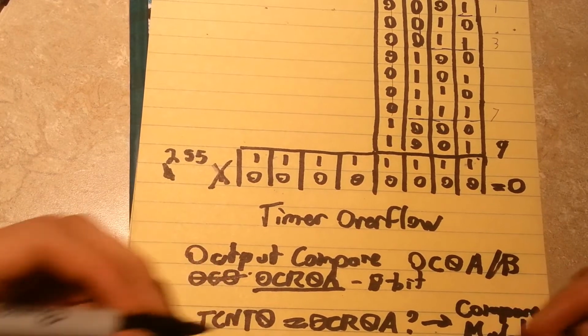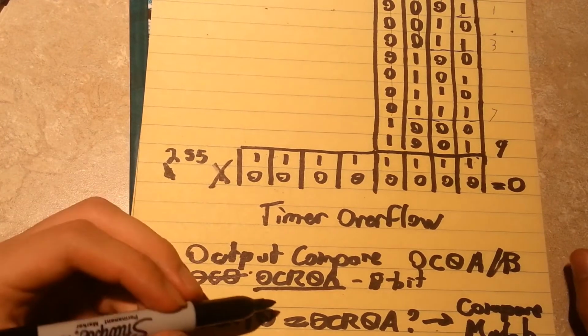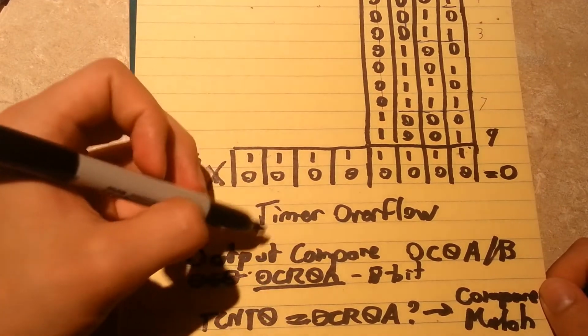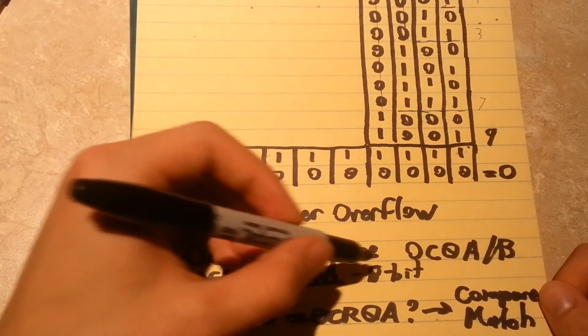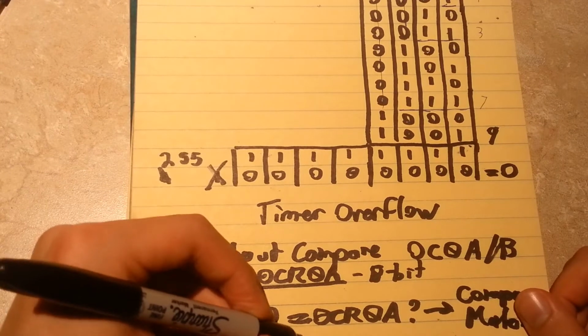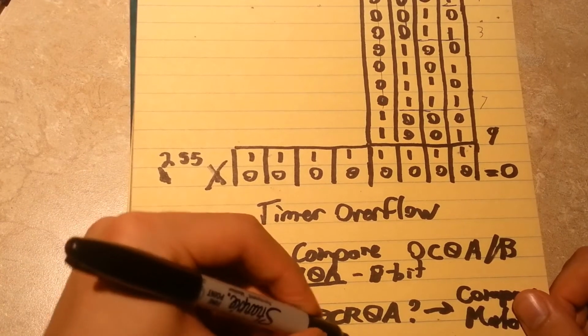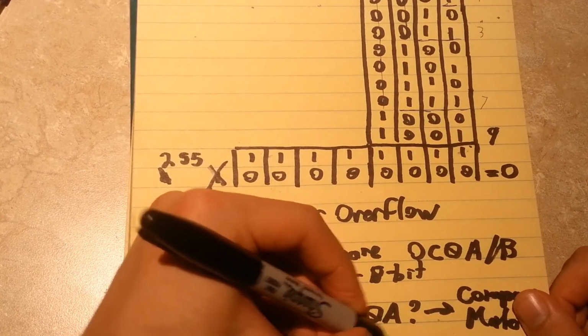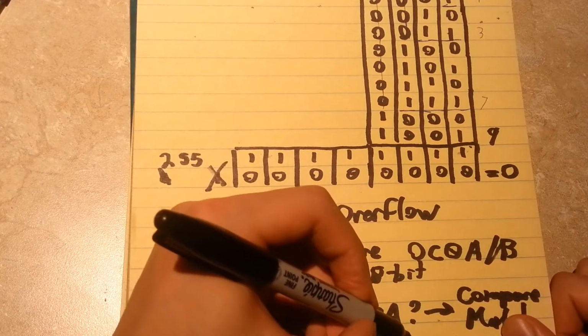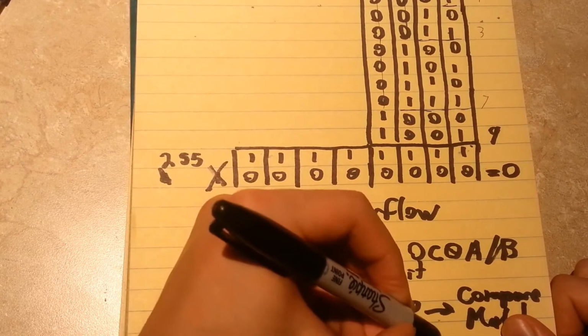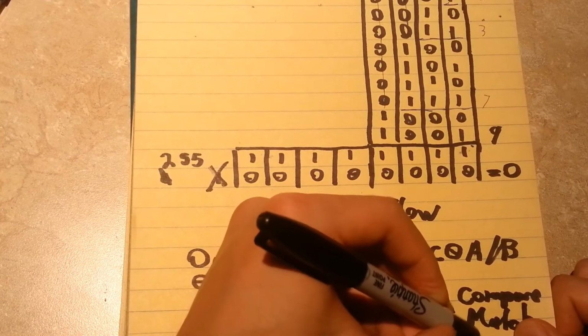OC0A is just the name of the pin corresponding to this output compare unit, and that happens to be port D6, which also happens to be digital pin 6 on the Uno.